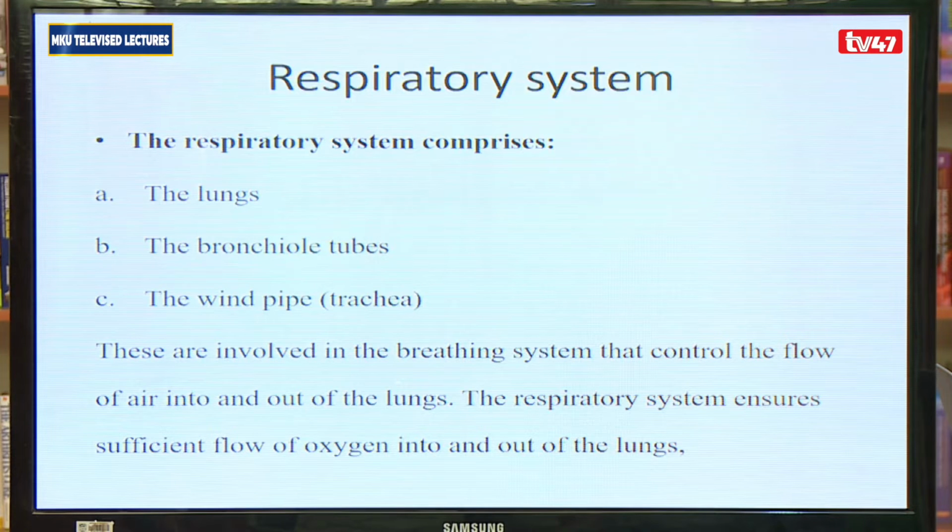Let's see what the respiratory system comprises. The respiratory system is made up of the lungs, the bronchial tubes, and the windpipe. So if we didn't know that our lungs are important in the production of sounds, then we know today.